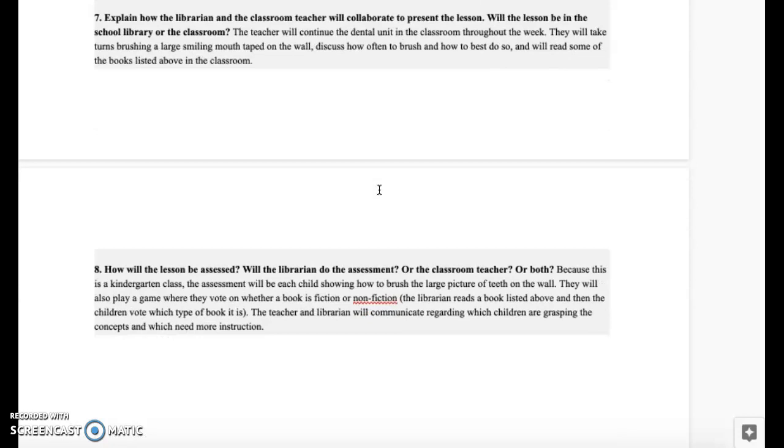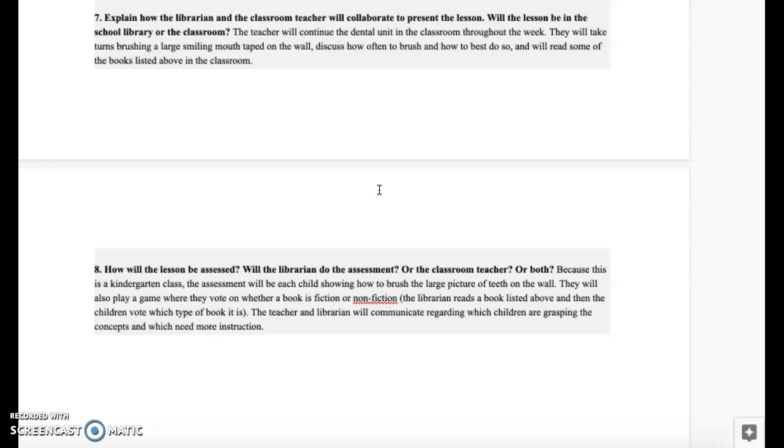How will the lesson be assessed, and will the librarian or the classroom teacher do the assessment? This is a kindergarten class, so it's not like they're going to take a test on this. They could take turns brushing the large picture of teeth on the wall, make sure they brush the different areas of the mouth and use the right motions to do so. Then we can also play a game in the library where I read a book, and it could be a dental book, but the following week, if they're on another unit, it could be something related to what they're learning that week.